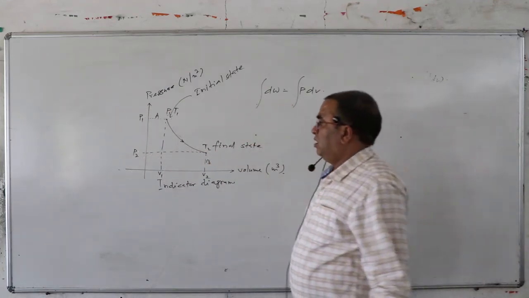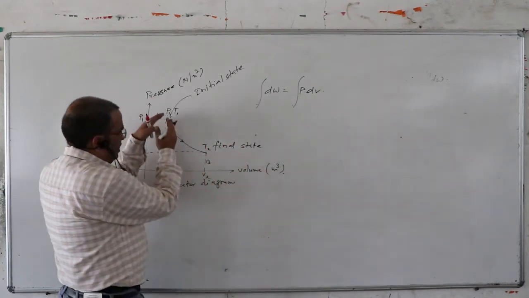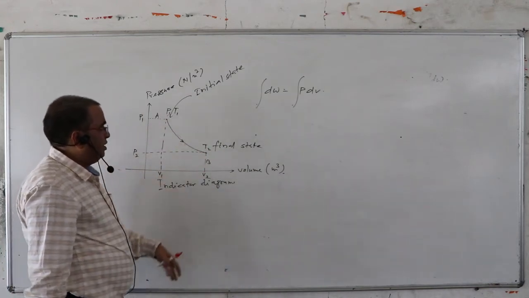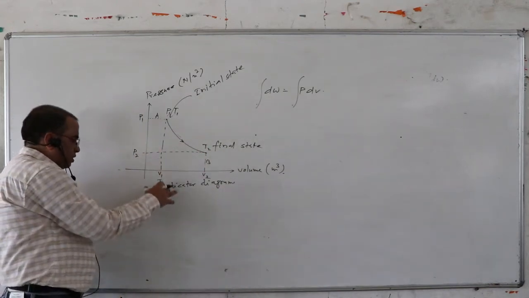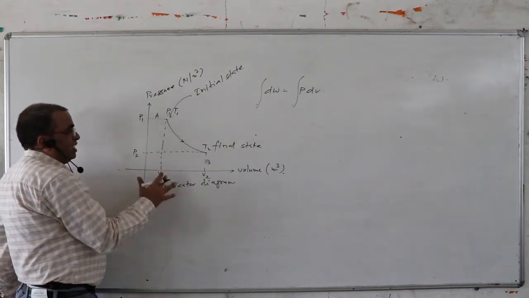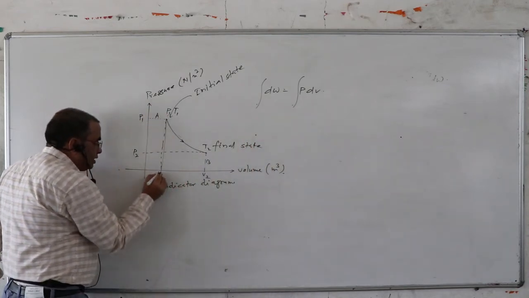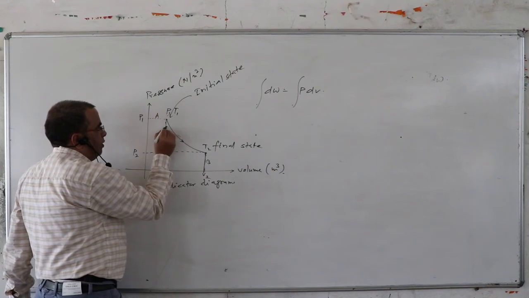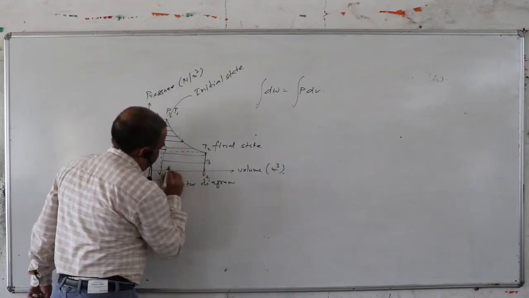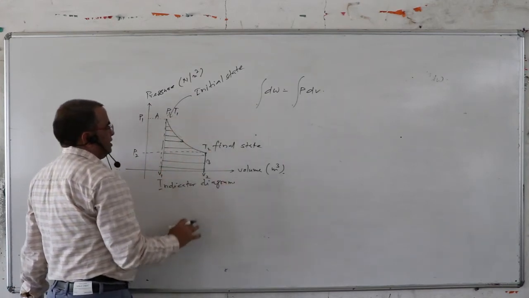So the gas is taken from one state to another state, and that has been explained very beautifully in this graph. We can study everything about that. In such an indicator diagram, the work done by the gas is obtained by the area under the graph and the volume axis.